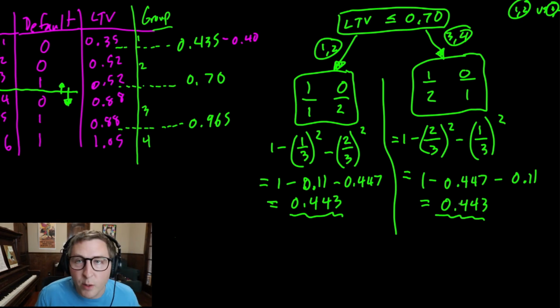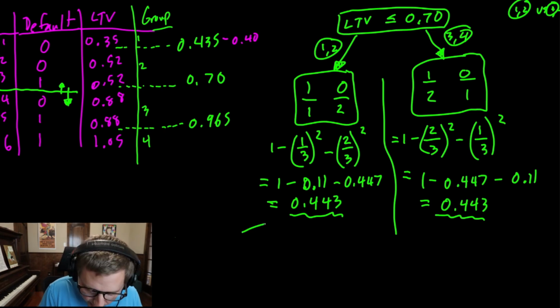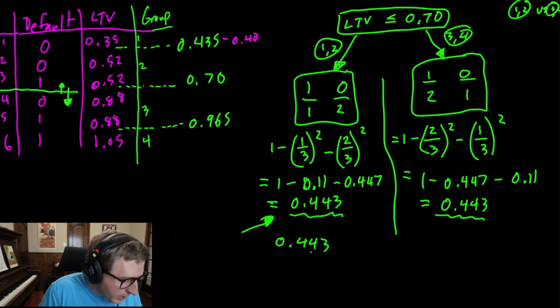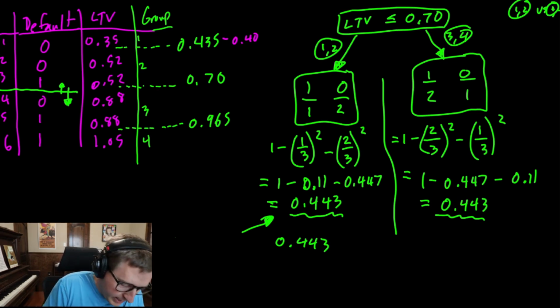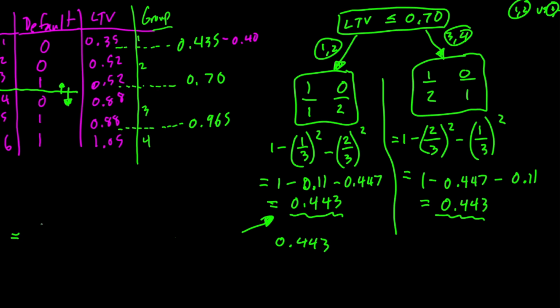And then now I hope you guys can figure this out real quick. The weighted average of 2 numbers that are the same is just the number itself. But out of mathematical completeness, which I really enjoy and like in videos, we're going to do this weighted average here. And this is going to be 3 out of 6. There are 3 data points in the left leaf, and 6 in total out of the whole data set here.